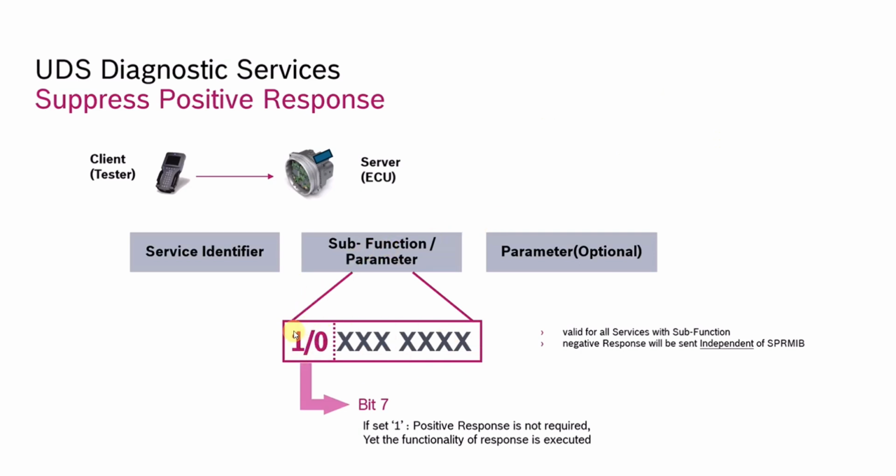Instead of 80, if I reset it back to 0 and send 00, the job will be done and you will receive a positive response. If you make it 1, it will be taken as suppress positive response. I hope this is clear. If not, please go back and see the video again.